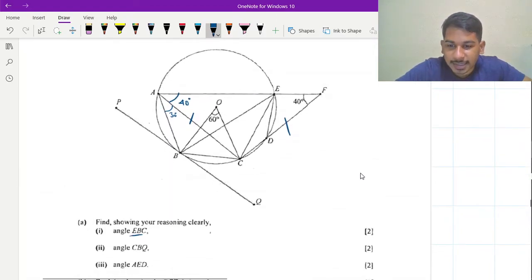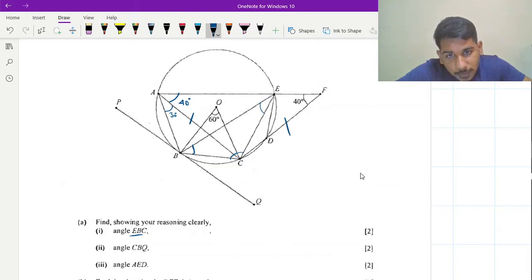Okay, EBF, EBC. We need to find this thing. To find this, it will be useful to have this and this. I know this one because it's the same thing as what we just did. It's 30 degrees. But we don't know this one. But we know this one, so this is 40 plus 30.